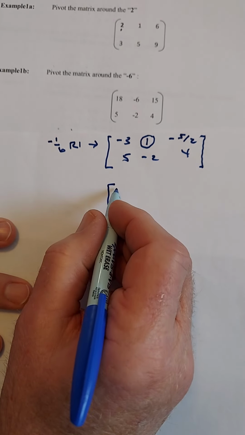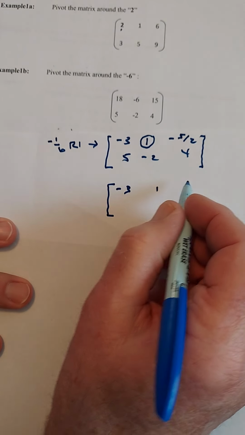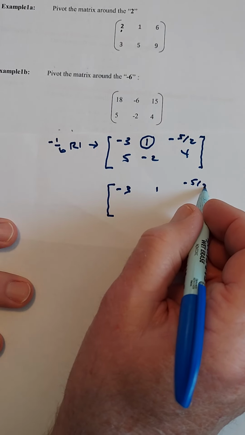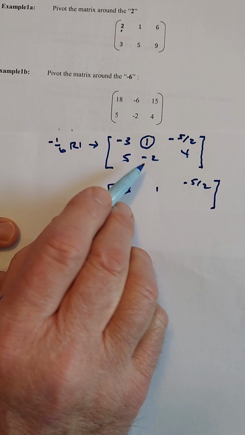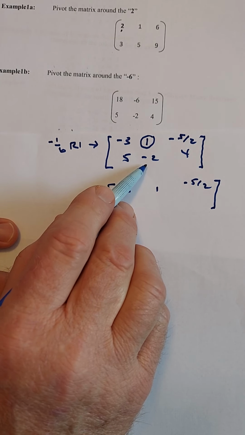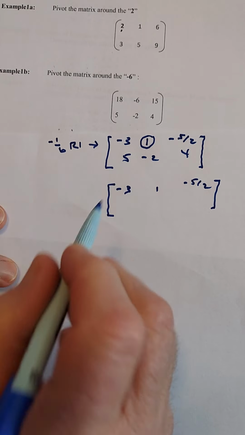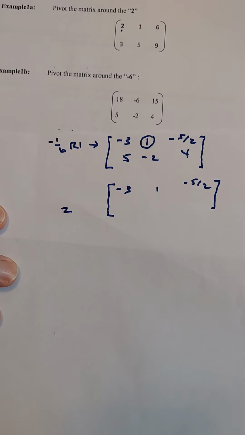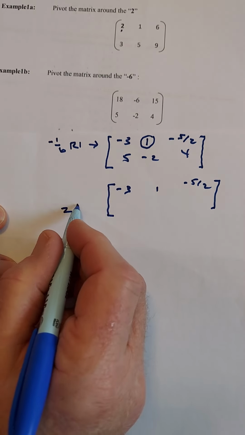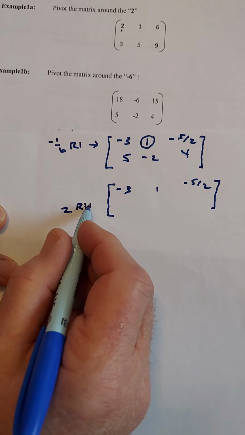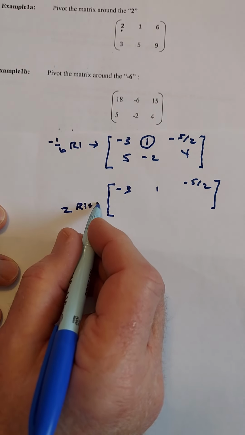Now we want to get a 0. Top row stays the same on this one because I got the 1 in there. So I want to make the -2 into 0. So you multiply by the opposite. The opposite of -2 is +2, times row 1, because that's where the pivot is, plus row 2.